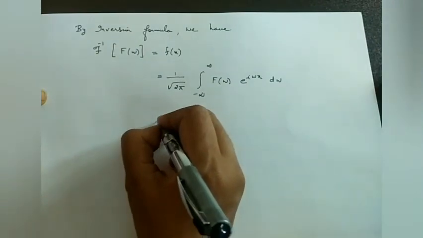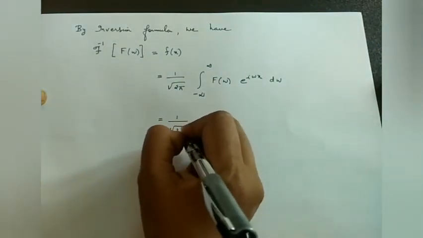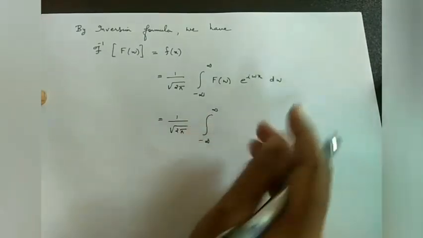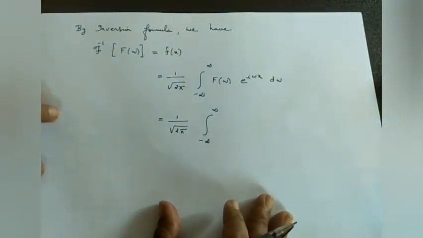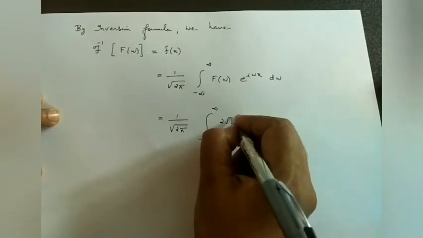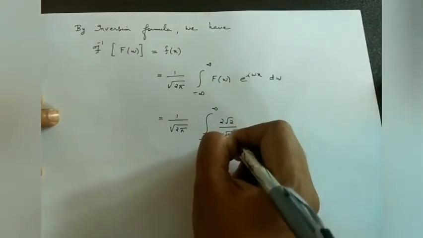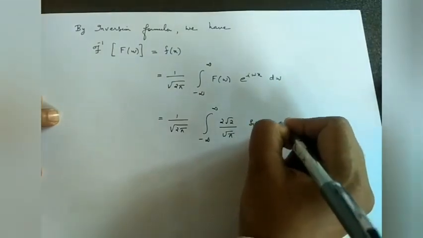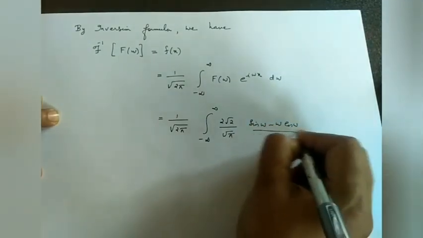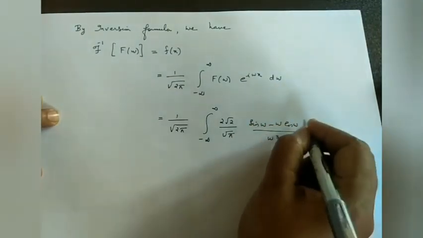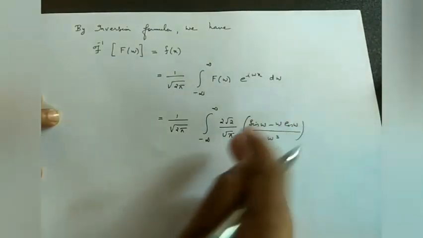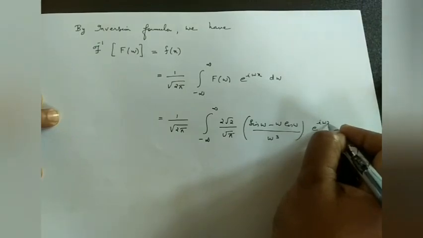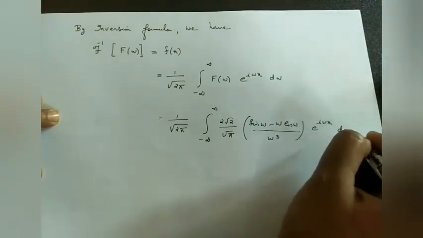That is equal to 1 by root 2 pi into integral from minus infinity to infinity. In the place of F omega we can write 2 root 2 by root pi into sin omega minus omega cos omega by omega cube, that is the Fourier transform of f of x, into e raised to I omega x dx.